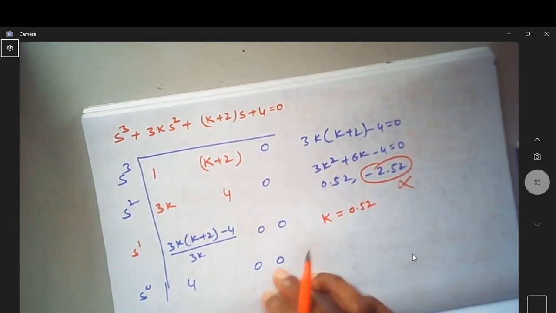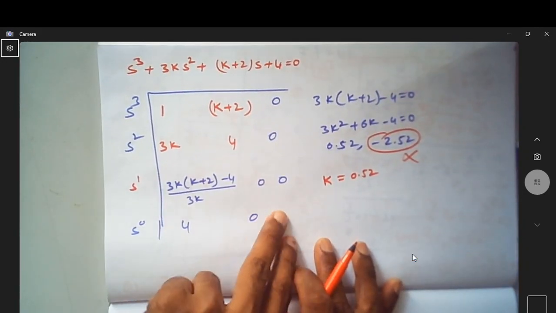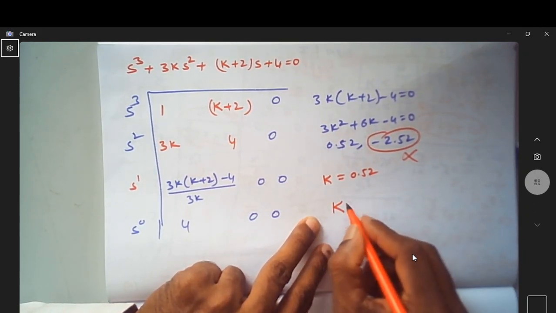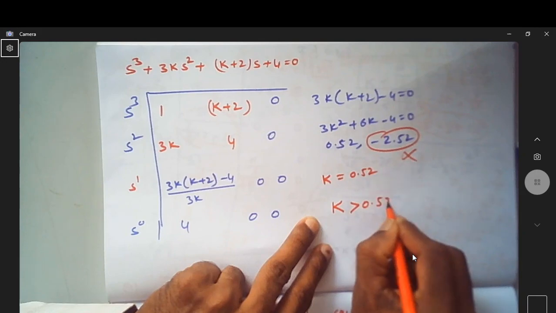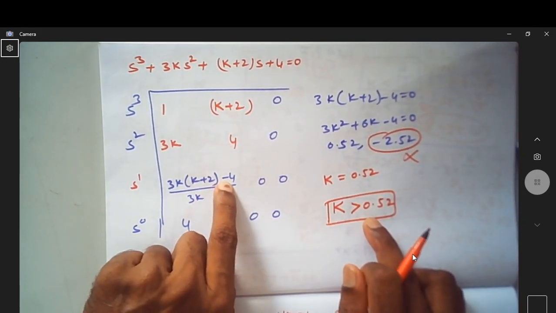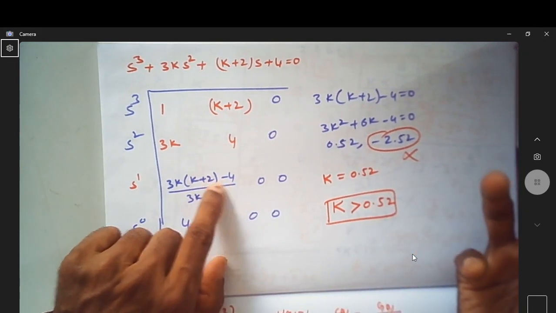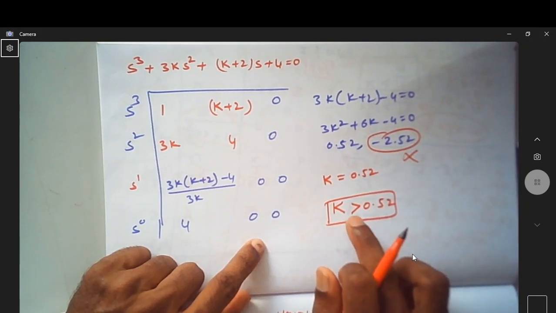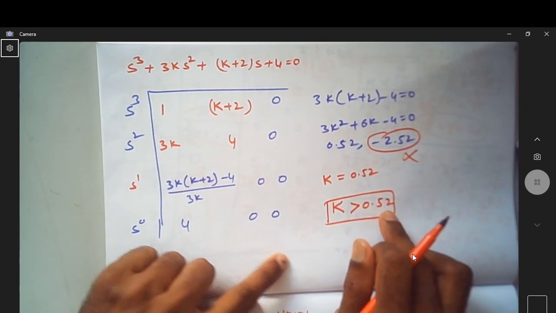So for the system to be stable, the k value has to be greater than 0.52. Why? If it is less than 0.52, then this minus 4 takes the upper hand, and this will become negative. For the system to be stable, k should be greater than 0.52.